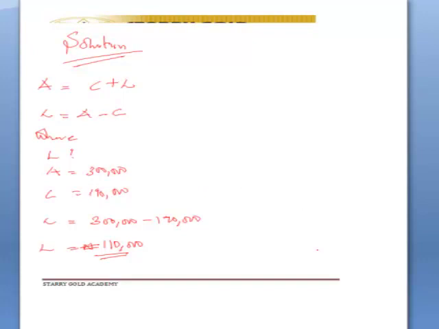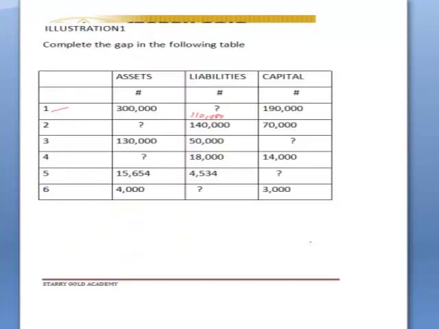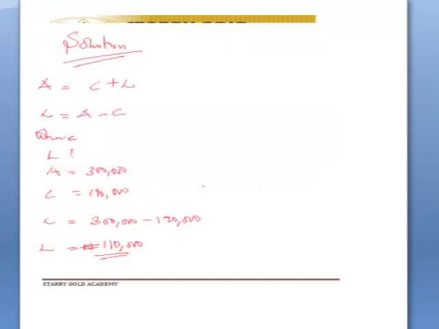Okay, question number 2. We are looking for A in question number 2. So solution 2, looking for A, therefore A is capital plus liability.